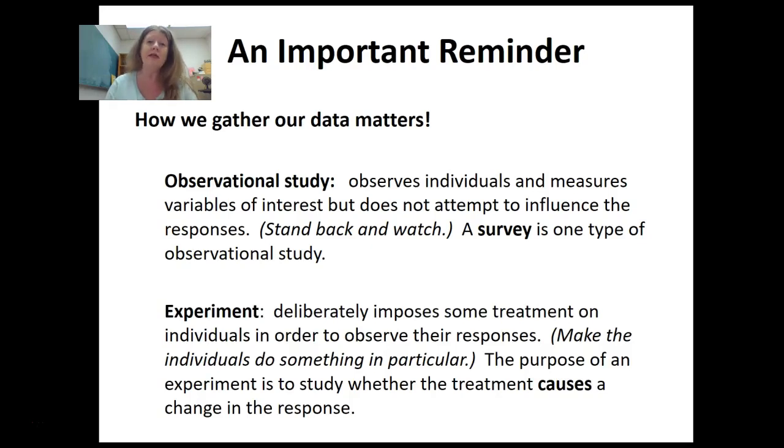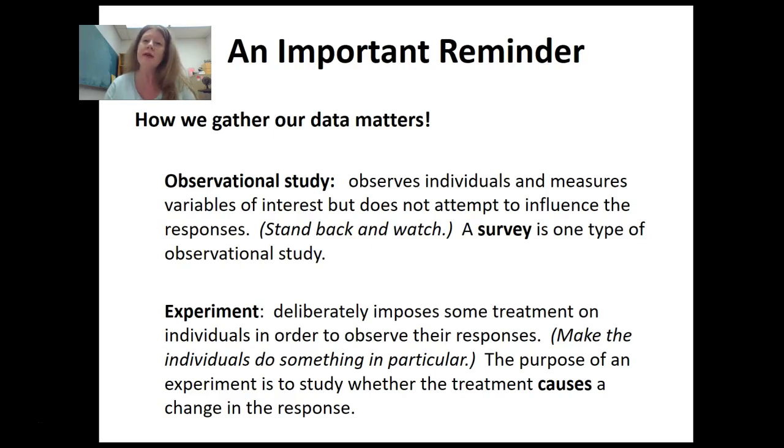An experiment is a situation where you're deliberately imposing a treatment. You're attempting to control the situation in some way. You're attempting to control different variables that could affect a response, because your whole reason for designing an experiment is usually because there's one particular variable, or maybe more than one, that you think has an effect on a response, and you're trying to determine if that's actually the case.